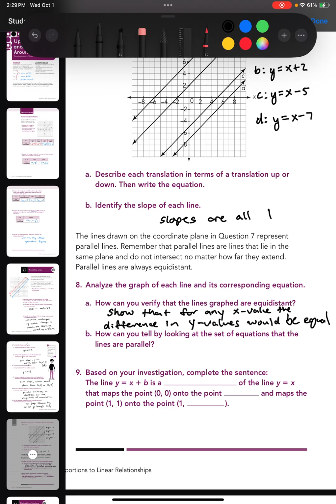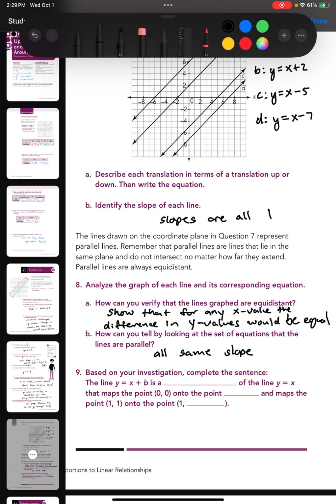They'll always be the same distance apart. And how can you tell by looking at a set of equations that the lines are parallel? All would have the same slope. Remember, that's the coefficient of your x.